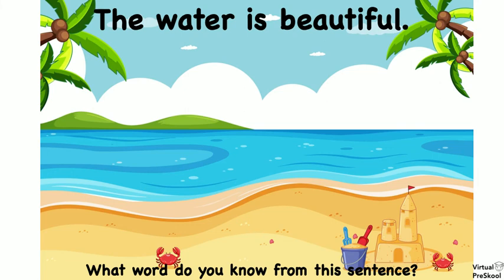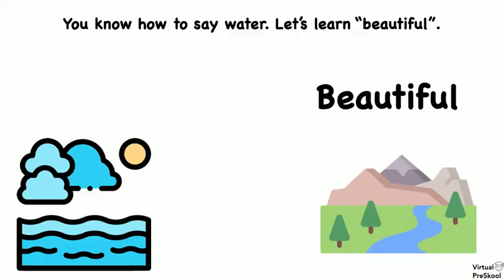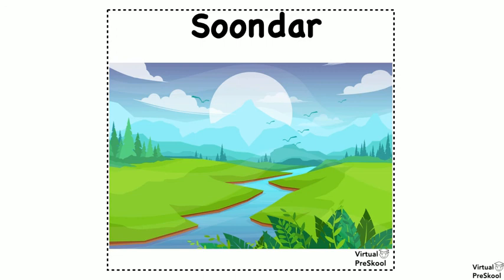All right, next one. The water is beautiful. Now, out of this English sentence, what Hindi word do you know? You know how to say water in Hindi, right? Paanee. Paanee is water. So let's learn how to say beautiful. Beautiful in Hindi is sundar.